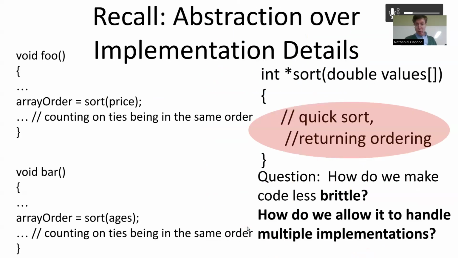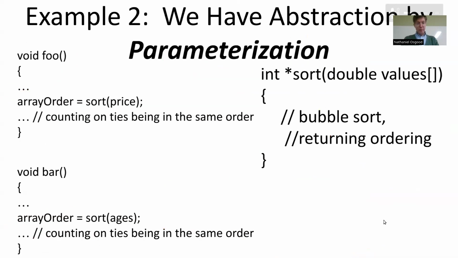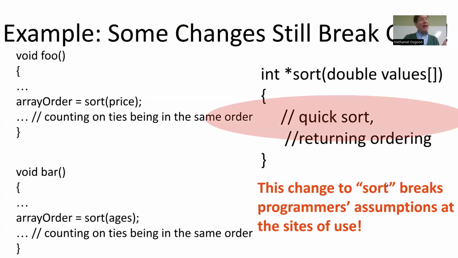That's something more than what we had before, with abstraction by parameterization. We could pass it different things, but we couldn't prevent it. There was no way of encoding what's a safe change here. We didn't have a way of abstracting over this implementation. If we change the implementation, it could break everything.